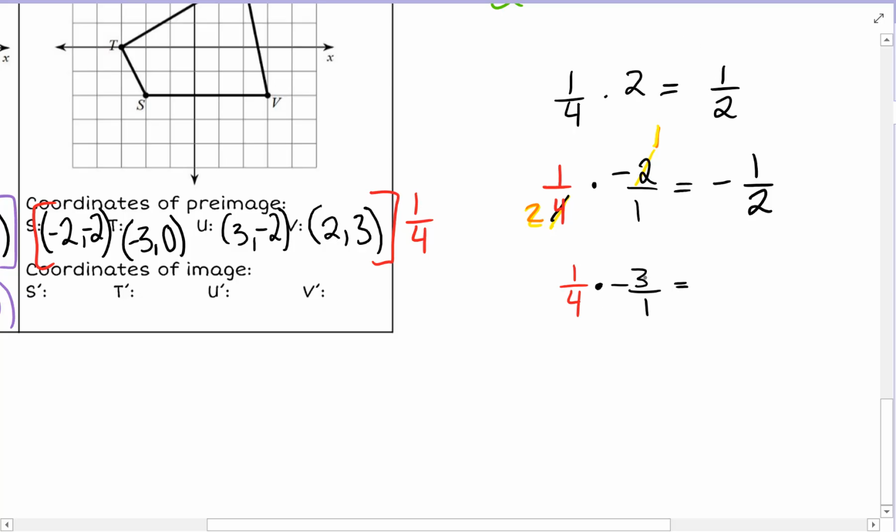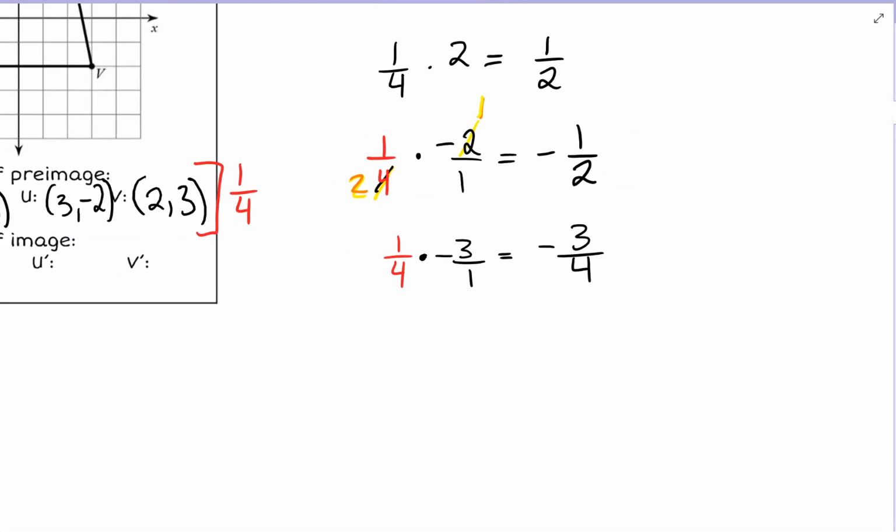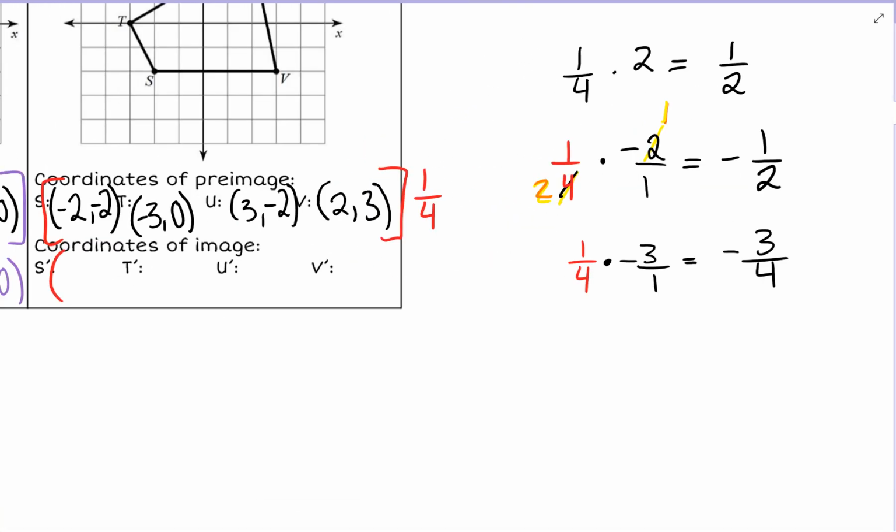1/4 times -3 over 4. We can't reduce 3 and 4, so we're just going to multiply straight across. 1 times -3 is -3. 4 times 1 is 4. -3/4. So the coordinates of S prime: 1/4 times -2 is -1/2, and another -1/2.